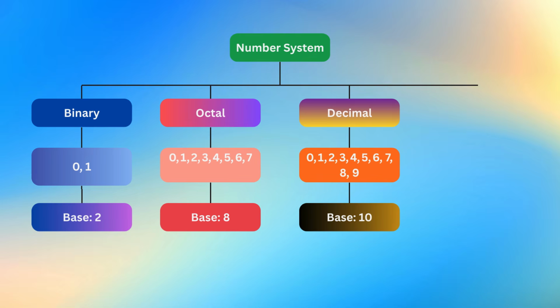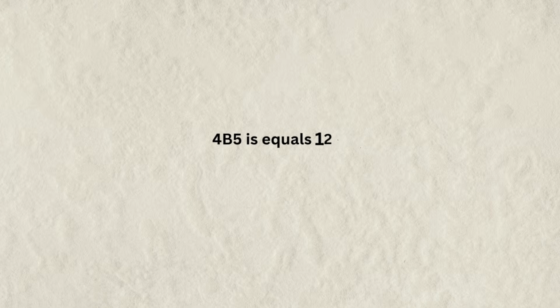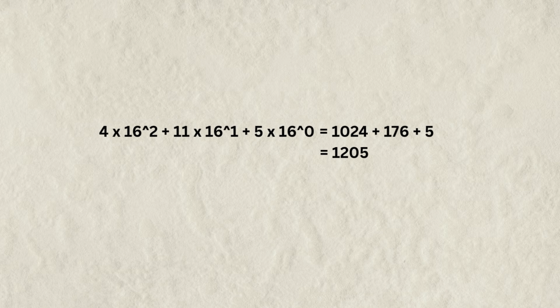Another system widely used in programming is the hexadecimal system, or base 16, which uses digits 0 to 9 and letters A to F to represent values. For example, the hexadecimal number 4B5 equals the decimal number 1205 because 4 times 16 squared plus 11 times 16 to the first plus 5 times 16 to the 0 equals 1024 plus 176 plus 5, and it is equal to 1205.